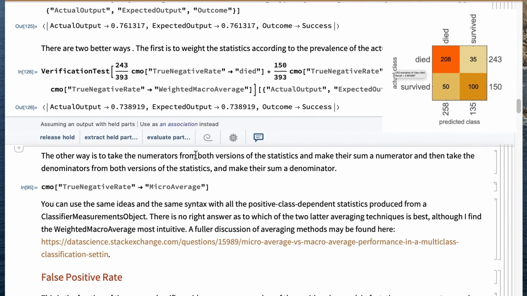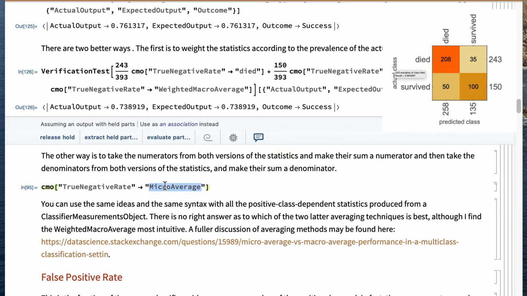Finally, you can use something called the micro average, which I think is somewhat of a nuisance. You basically take the numerator of both statistics and add that up, and that's the new numerator. And then you take the denominator of both statistics and you add that up, and you make that the denominator of the final fraction, and then you compute the fraction value.